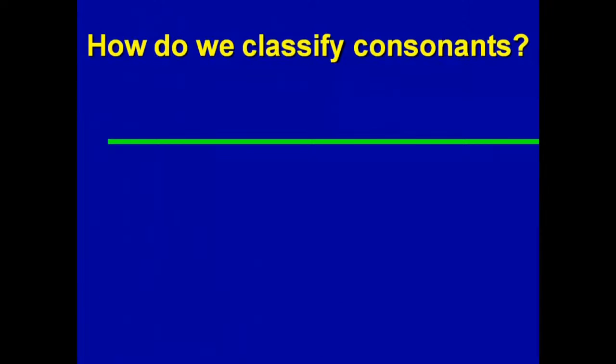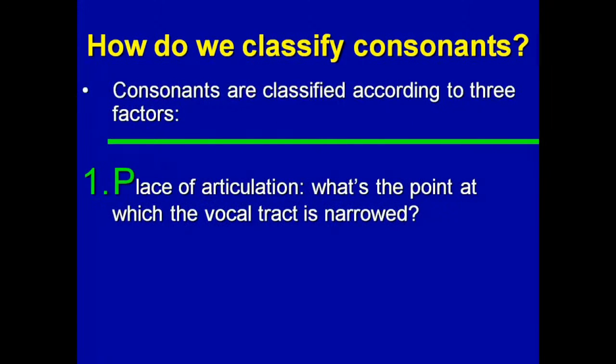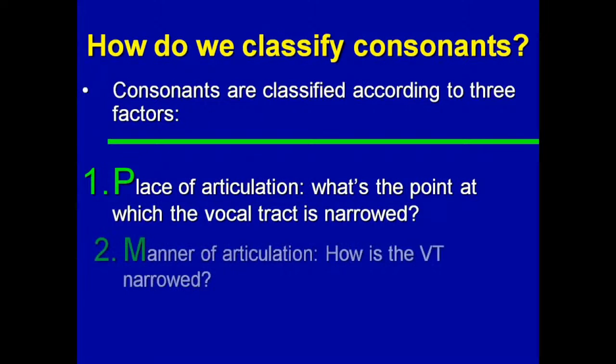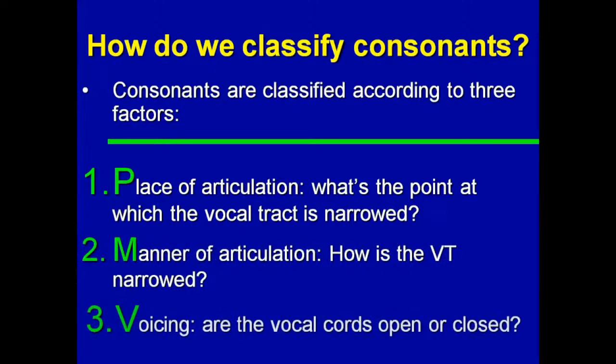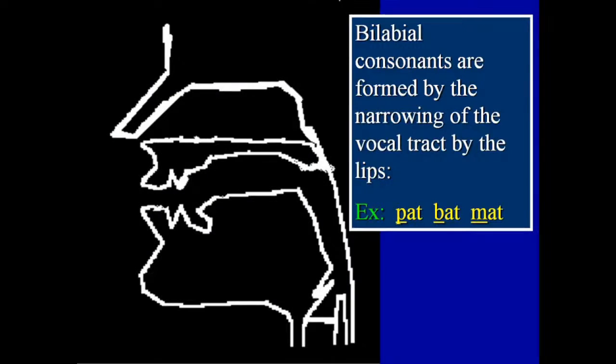So how do we classify consonants? Place of articulation, remember place P, number 2 manner, and 3 voicing. So just remember P and V. This is a very short way to remember these 3 criteria, P and V, place, M manner, V voice.